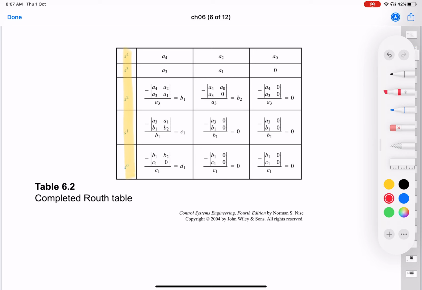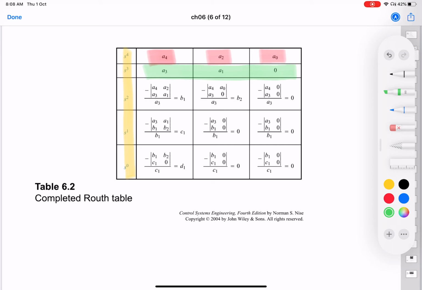Write down the coefficient for the highest degree term here, a4. Then skip one coefficient. If the coefficient of the s^2 term had been 0, we would have written 0 here. We wrote a2 because the coefficient is a2. Then skip one term and write down the next. Similarly, do the same thing for the terms we have skipped: write them down sequentially in the next row.